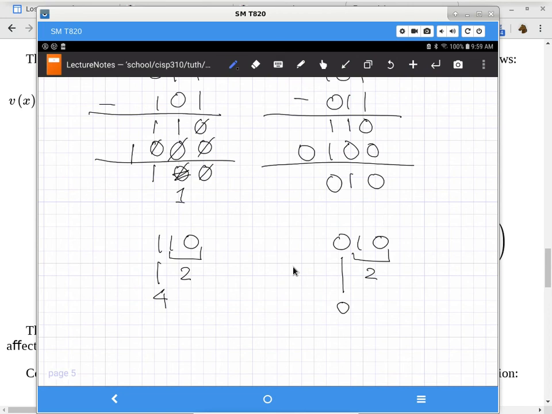So with 110, the value represented in the signed interpretation is 2 minus 4, which is negative 2. In the other one, it is 2 minus 0, which is 2. So I use exactly the same method, the same expression, to figure out the value represented by these two bit representations. Is that okay?